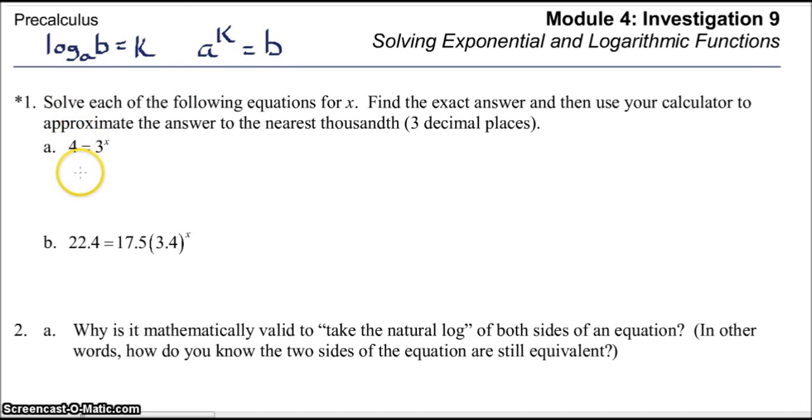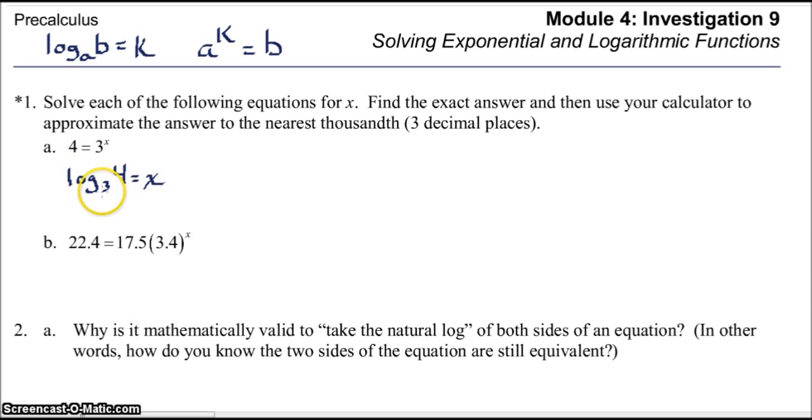So here we could simply write log base 3 of 4 equals x. There's our exact answer. We could also use the calculator.